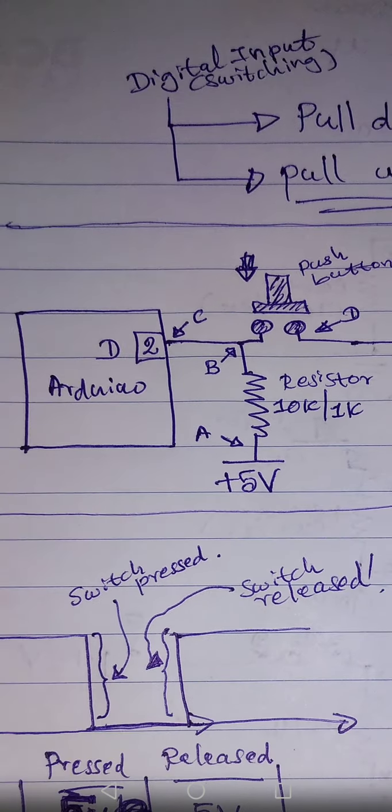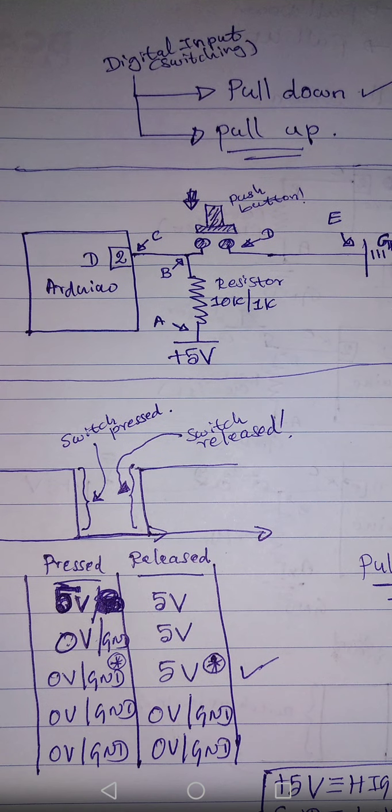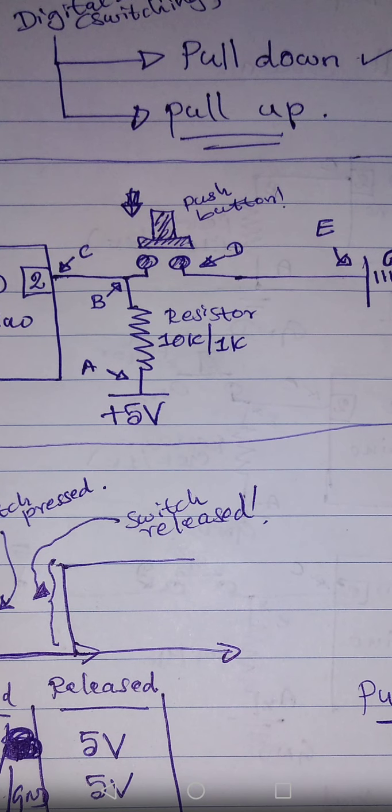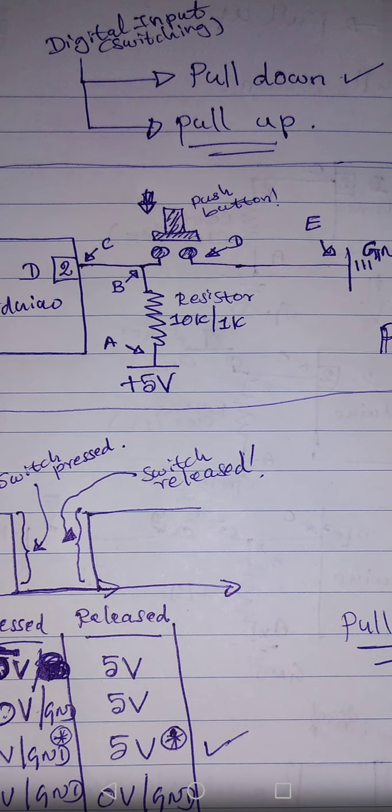This is understandable. If you don't understand this, please go to the previous video, watch that, and come back to this video and watch it again. Initially A is 5 volts, B is 5 volts, C is 5 volts because there is no current running, and D and E were ground, that is obvious. Now if you press the button, E and D are ground, B is also ground because there is a direct connection, C is also ground, and A will be 5 volts.